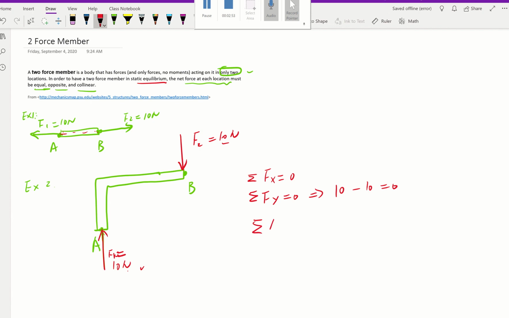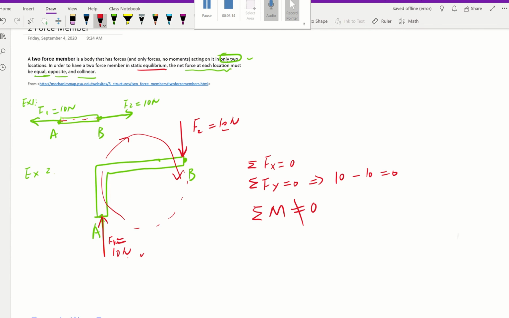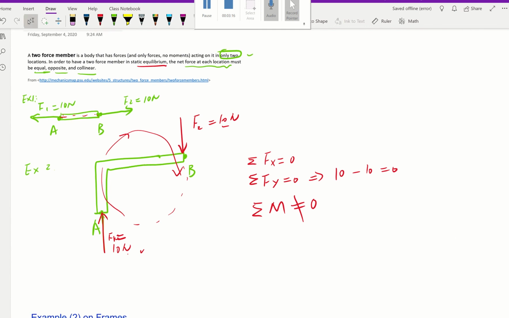But however, is the moment equal to 0? The moment is not. Why? Think about it, this is going to rotate, right? It's not at equilibrium because the moment is not equal to 0. We can prove it scientifically. We can take moment about any point.